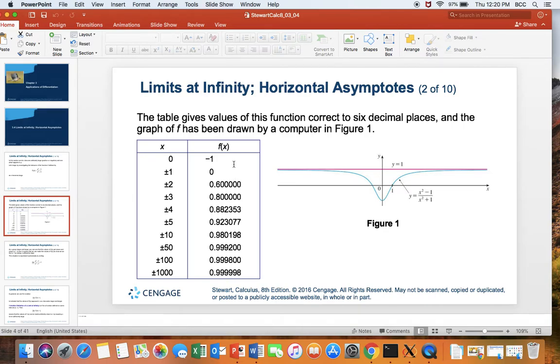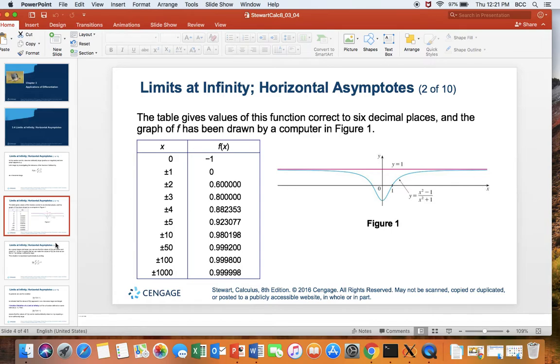It's minus 1, 0, 0.6, 0.8, 0.88 something, 0.92 something, 0.98 something, 0.999 something, 0.9998. You understand? This looks like as x approaches positive infinity or x approaches negative infinity, the curve in blue is approaching height 1 from both sides.